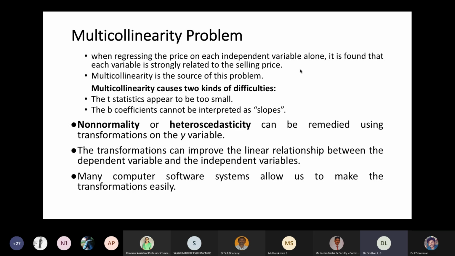For example, if x1 and x3 have the same attributes and contribute the same level of effect, at least one can be dropped and one continued. That way you reduce the collinearity problem and increase the R square value. That is very important.